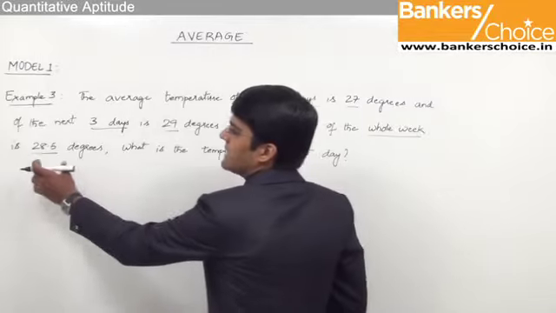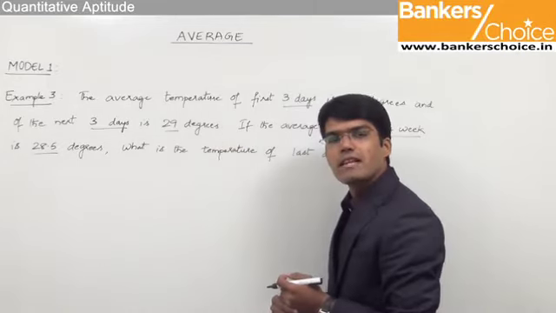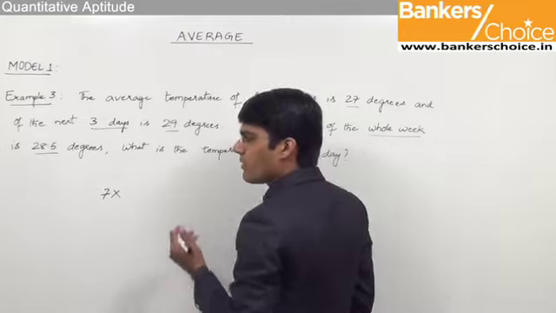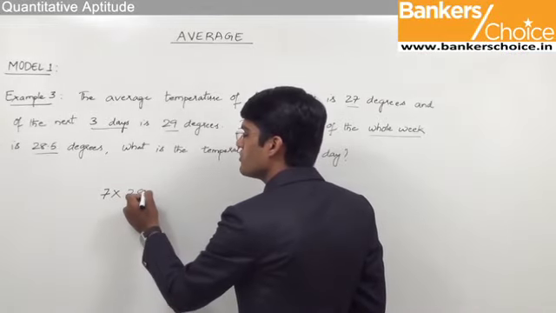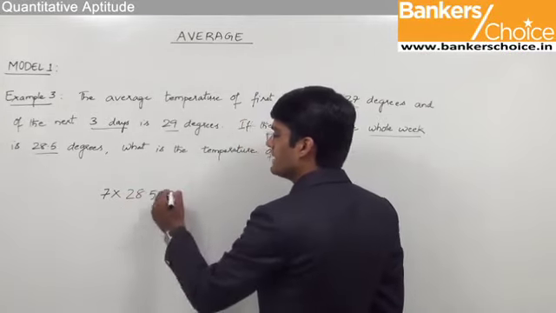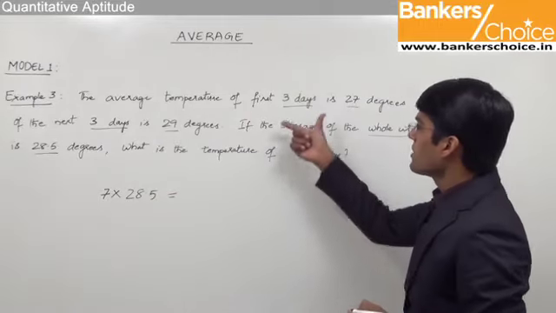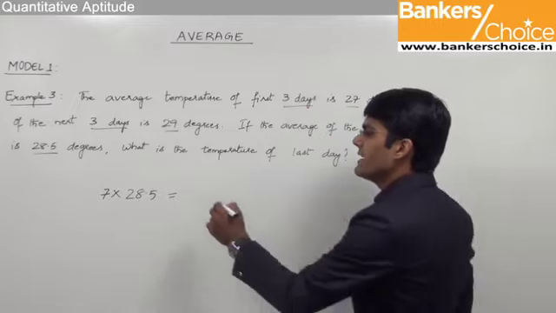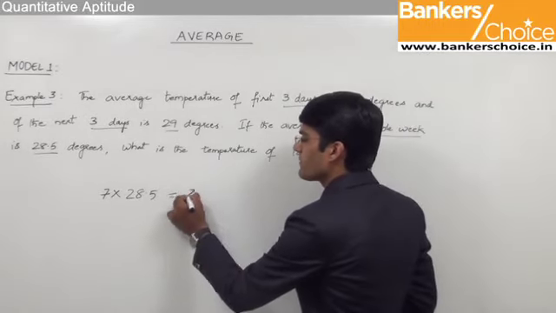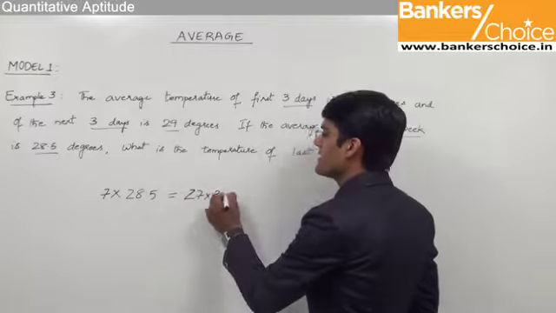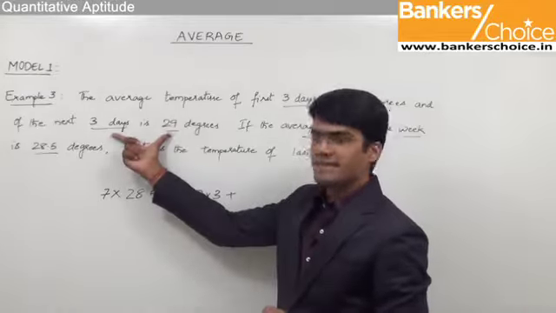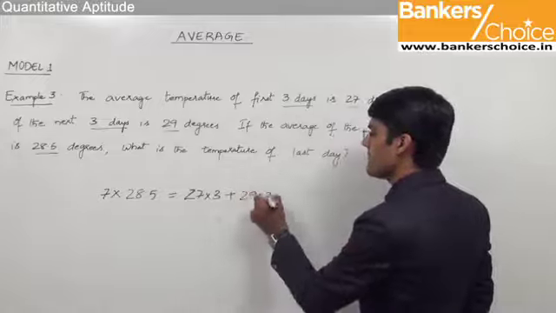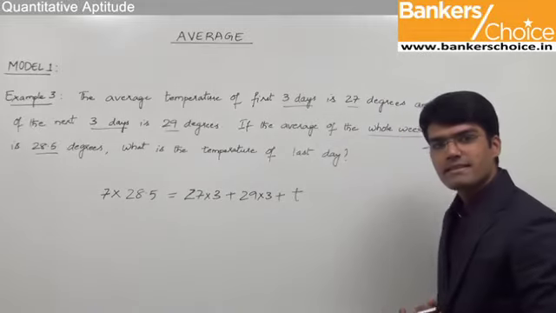Now, as we know that the average temperature of the whole week is 28.5, we can say that the total temperature of all the days in the week should be 7 into 28.5, and this should be equal to the total of the first 3 days, that is nothing but average into number of days, 27 into 3, plus the total temperature of next 3 days, that is nothing but 29 into 3, plus the temperature of the last day. Let us take it as T.